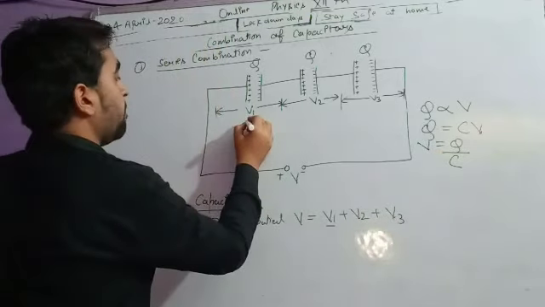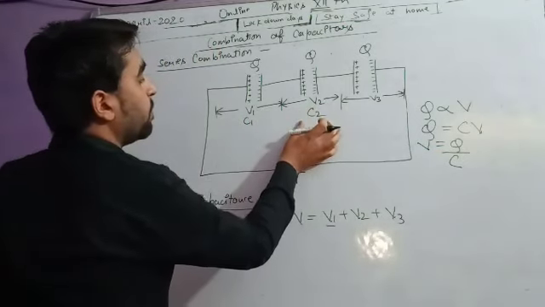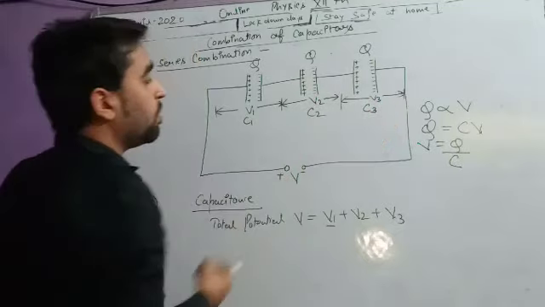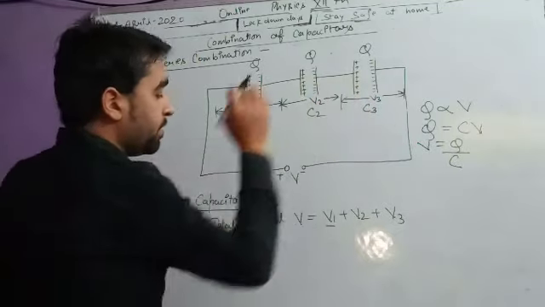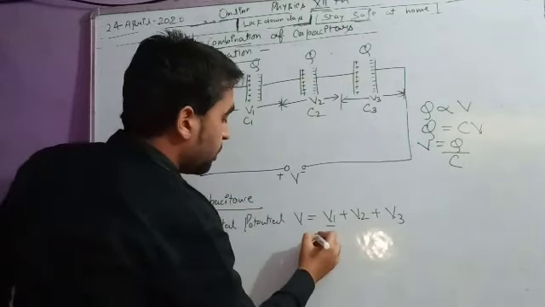So suppose the capacitance of this particular capacitor is C1, of this one C2, and of this one C3. According to this, what is the value of V1?